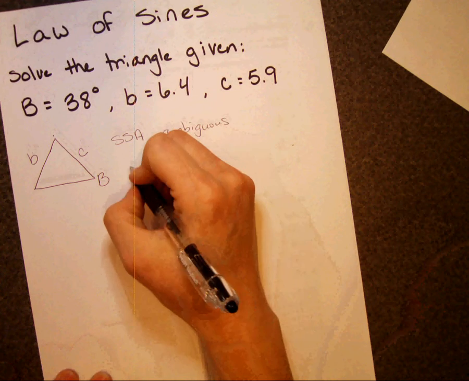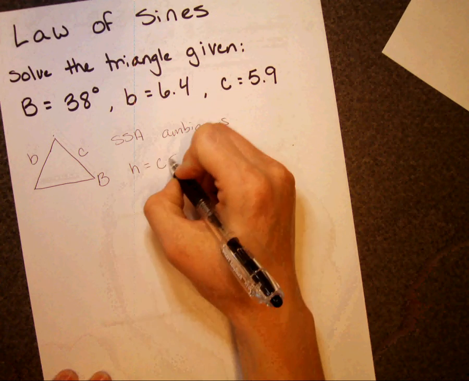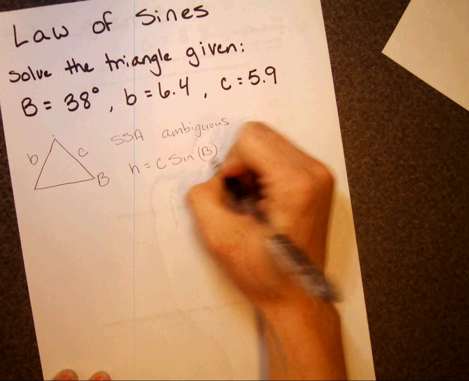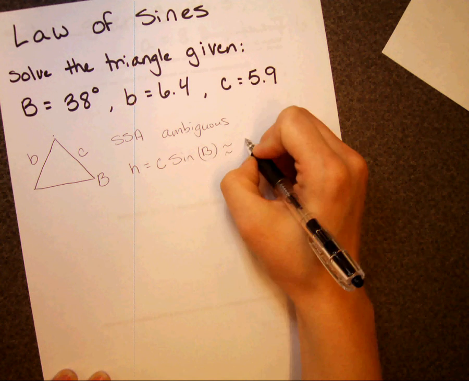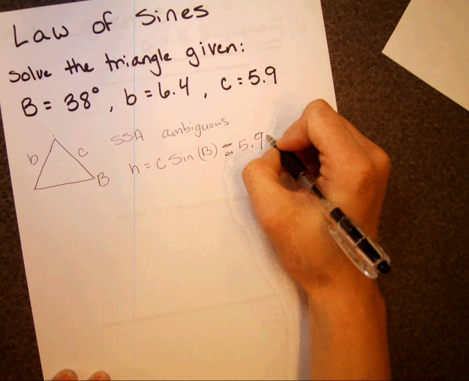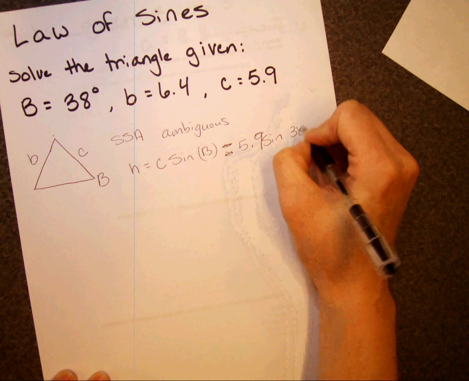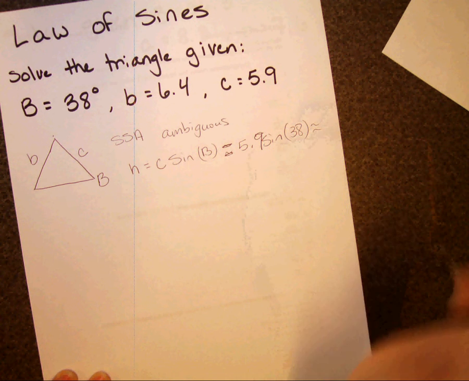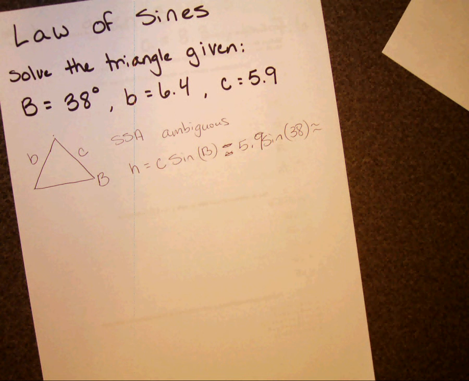So in this case, it will be side c for the information that I'm given. So I'm going to start off by finding h, and in this case, h is going to equal c times sine of B, which is approximately 5.9 times sine of 38. I'm going to make sure my calculator is in degrees and plug it in to see what I get.